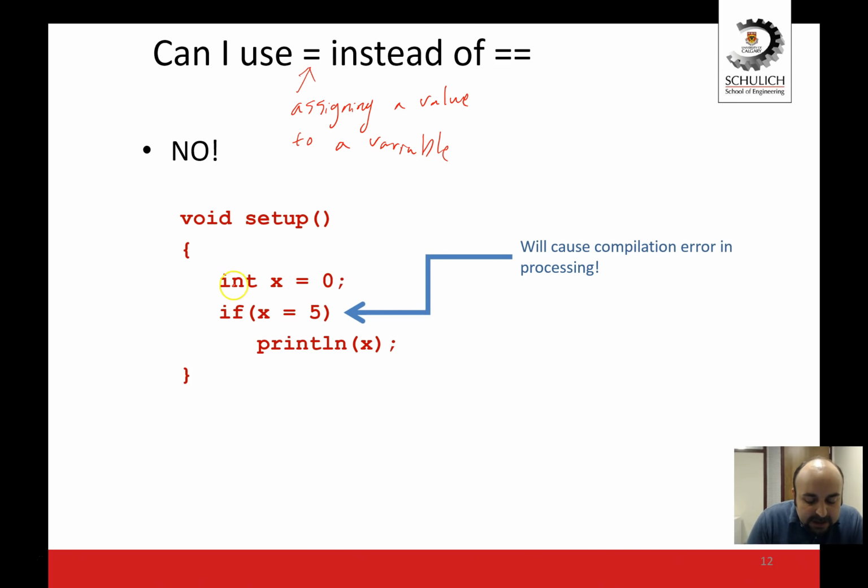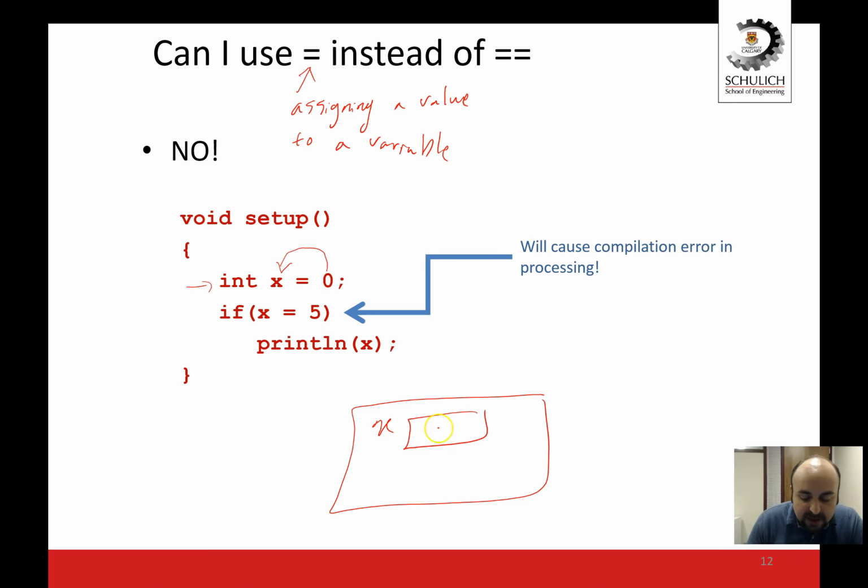So here in this line, what you're telling the computer is to make x and assign the value 0 to x. The double equal sign means checking for equality. So this is actually a compilation error, and you need double equal signs.